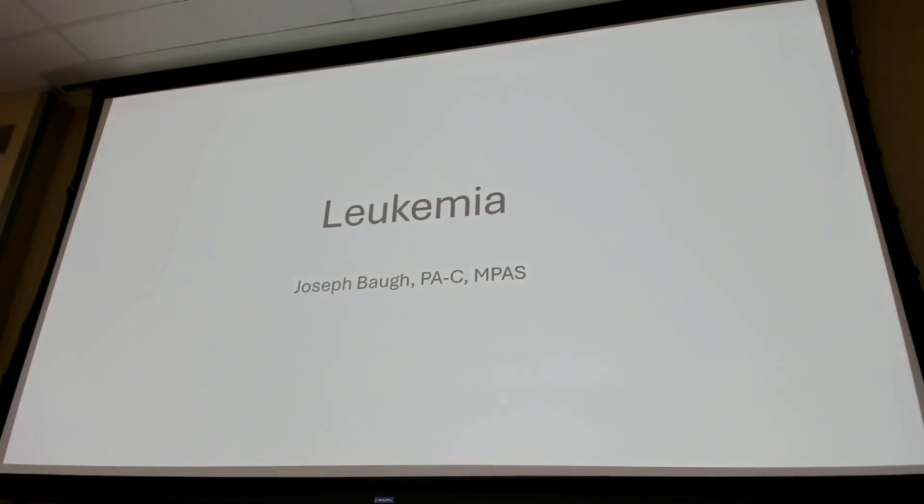First step is the body produces an abnormal cell. You have some mutation that causes an abnormal cell. That's step one. Step two is now you have proliferation of that abnormal cell. Then you have a cancer. Let's keep it simple. Abnormal cell, proliferation of the abnormal cell.